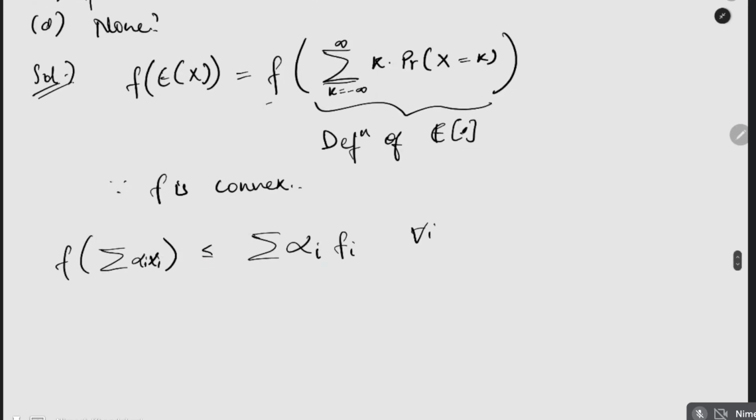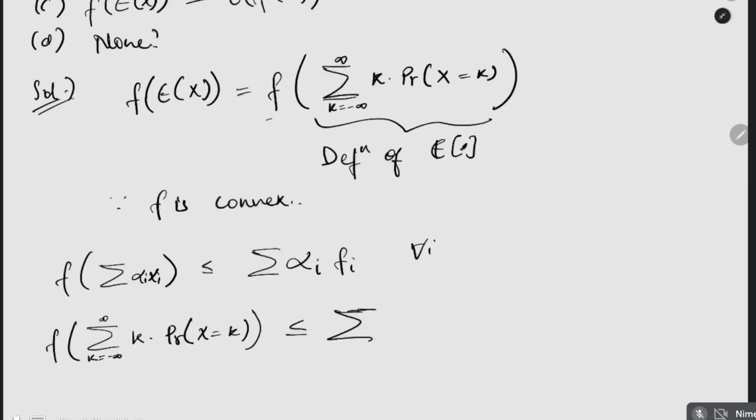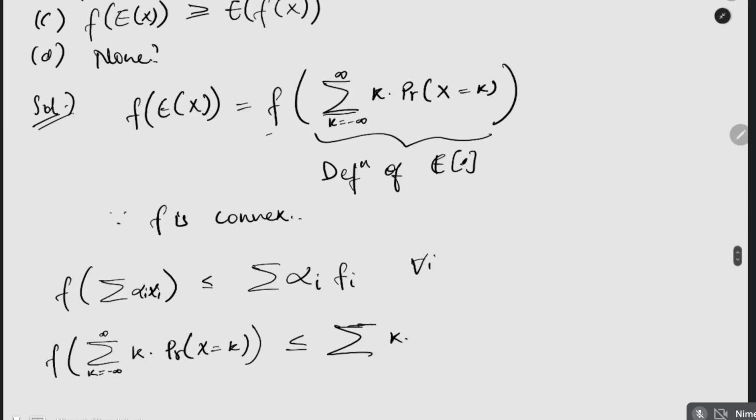So similarly here, f of the summation of alpha i xi is less than or equal to the summation of f of k times the probability, for all k.